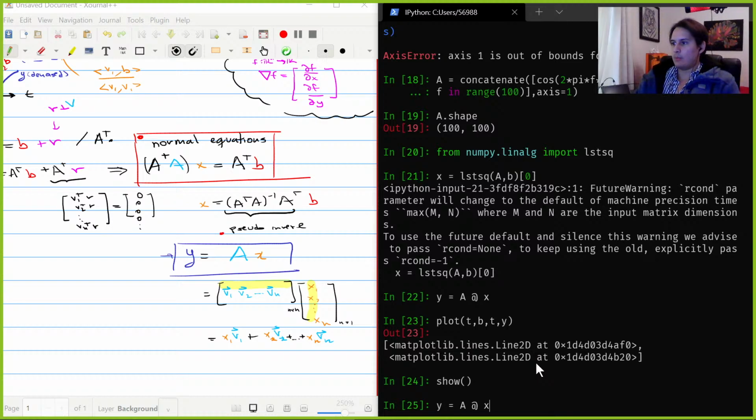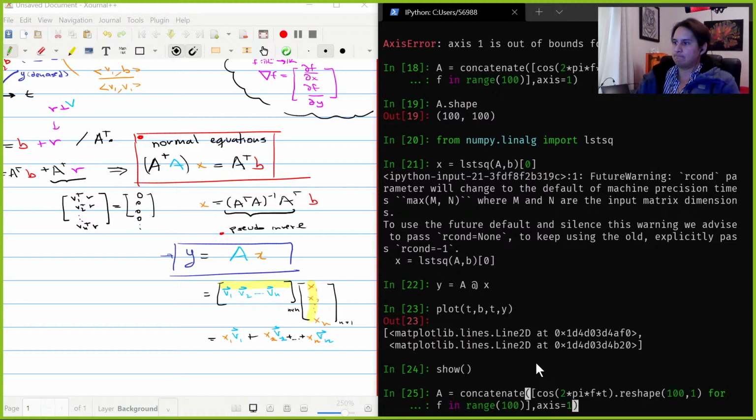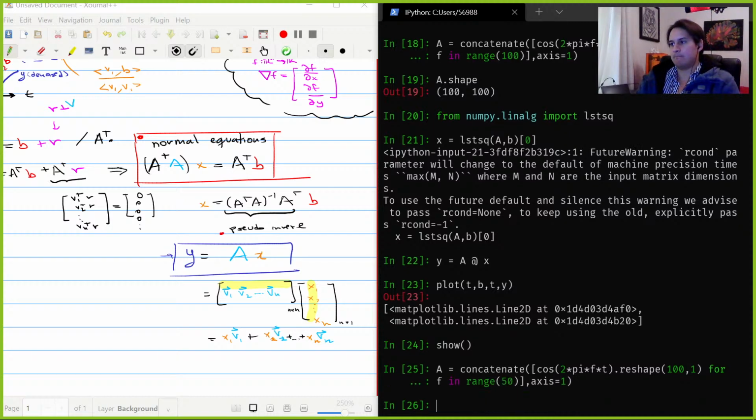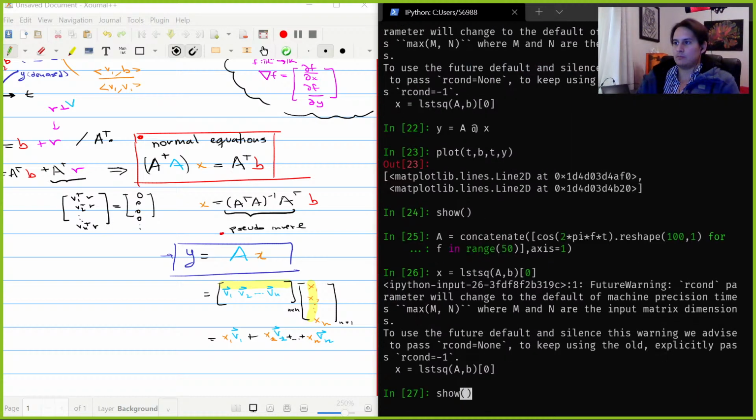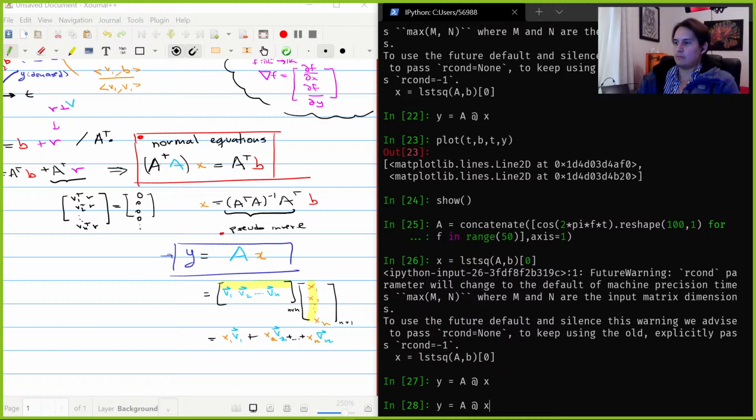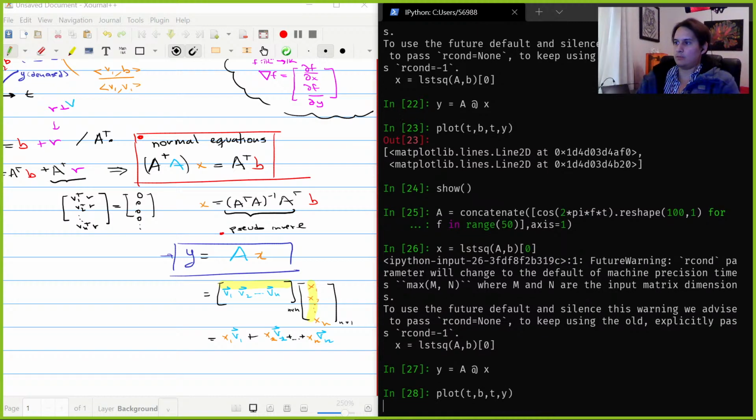Now, what happens if A, instead of going to 100, goes to 50? And we solve exactly the same problem. And we plot the results.